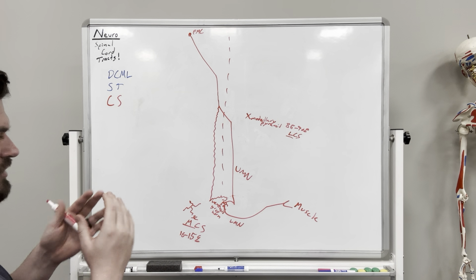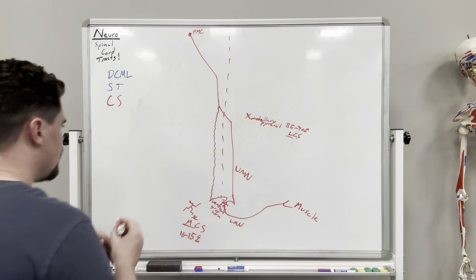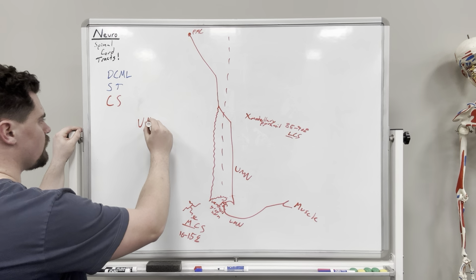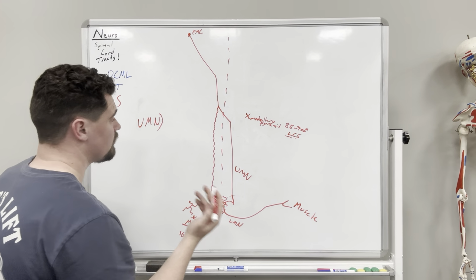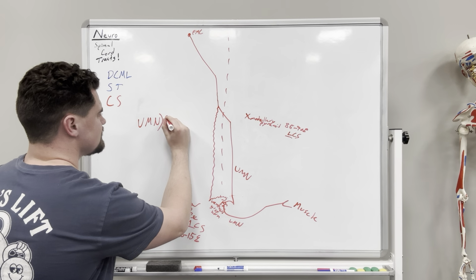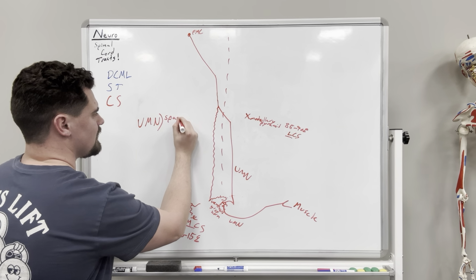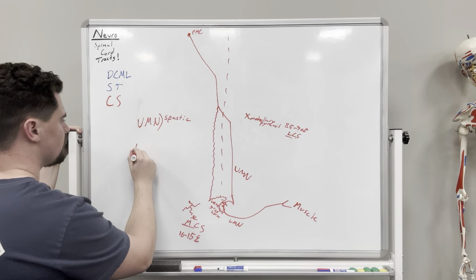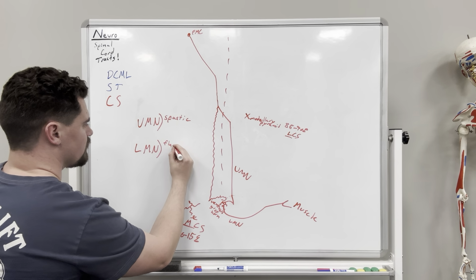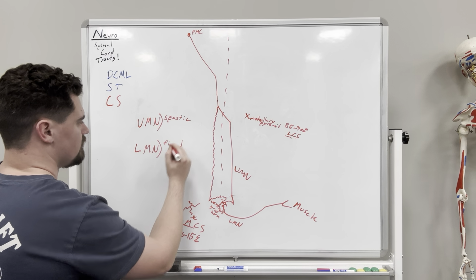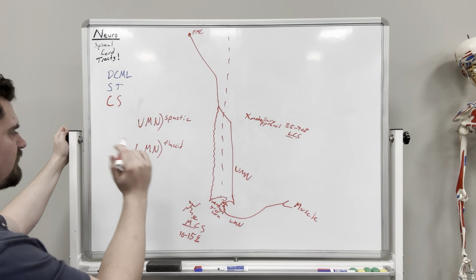While we're here, we can go ahead and talk about the difference between upper motor neuron damage and lower motor neuron damage. If you damage an upper motor neuron, they're both going to cause paralysis, but this is going to be spastic paralysis, versus lower motor neuron, that is going to be flaccid. So spastic versus flaccid.